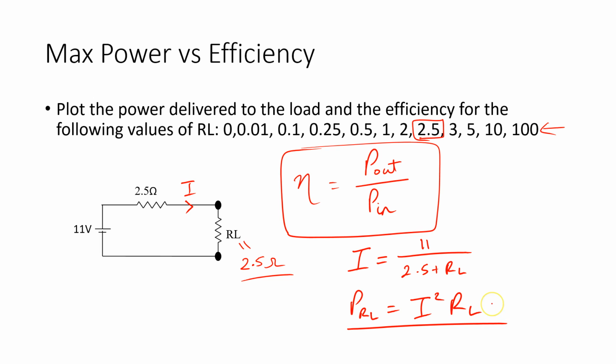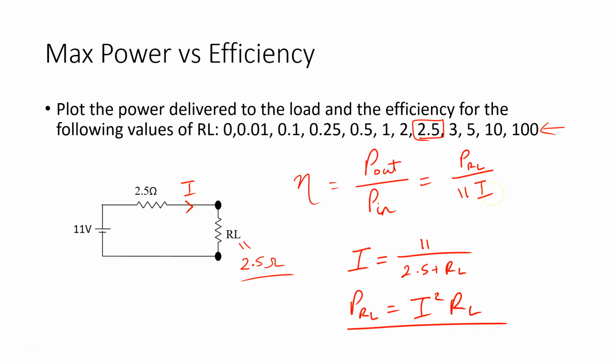And that will give me the power transferred. And if I want to find the efficiency, then the efficiency would be equal to the power transferred to the load, which is PRL, over the input power, which is 11I. P is equal to VI. So we could use those two equations and we could find out the efficiency and the maximum power.